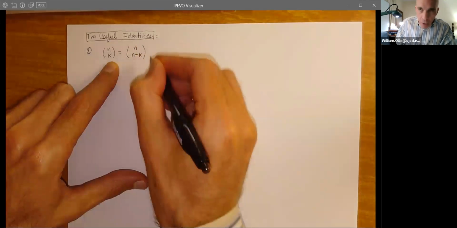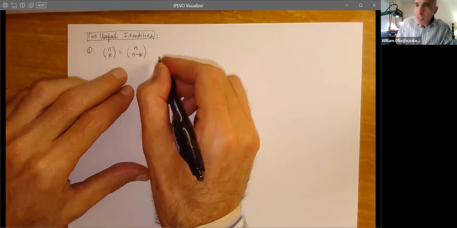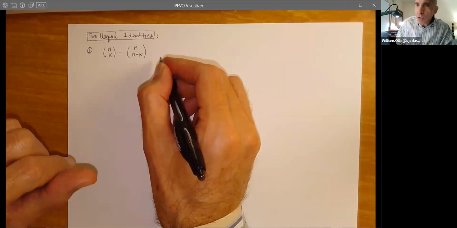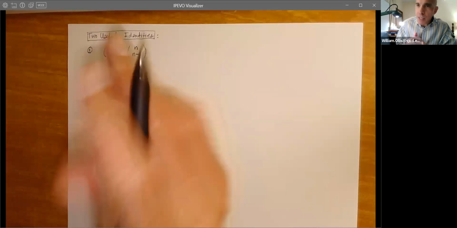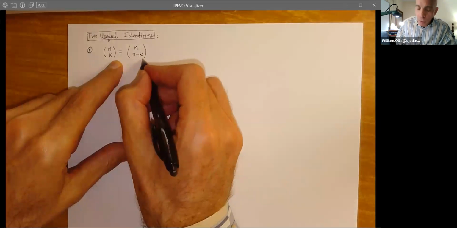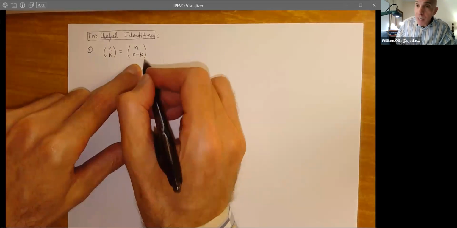So if you think about picking subsets, like if you were picking subsets of size 2 from a set of size 5, well, once you pick that subset, you've left 3 behind. So you've automatically picked 2 sizes of subsets. So basically, this is kind of an intuitive deal. That is, n choose k would have to be equal to n choose n minus k.